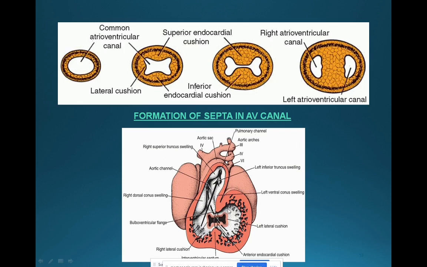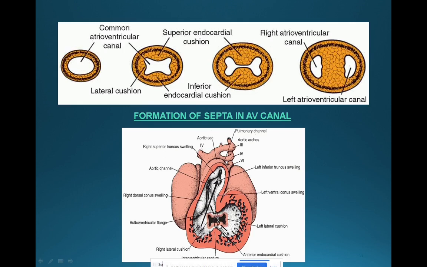Now, initially everything was communicating with only the left ventricle. But now what happened? The atria are having individual communication with both the ventricles. How? There is formation of the atrioventricular cushions.